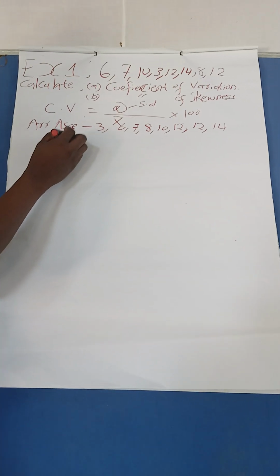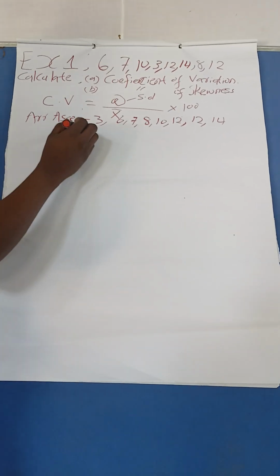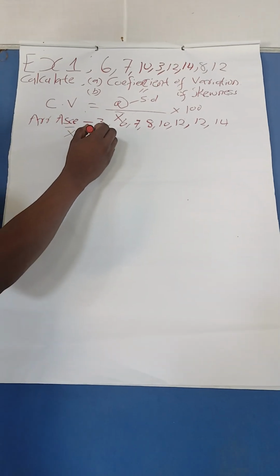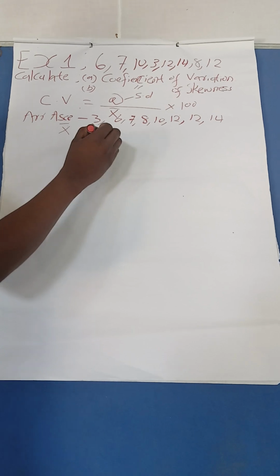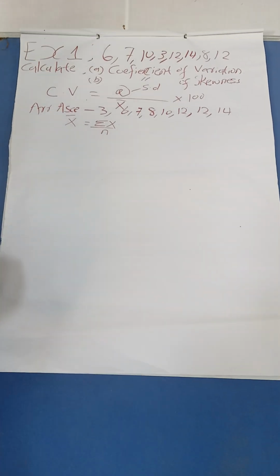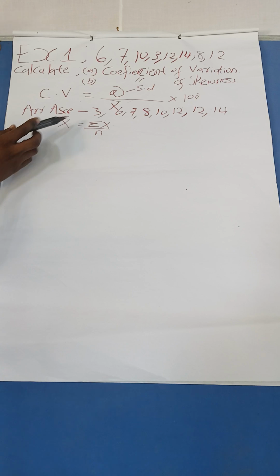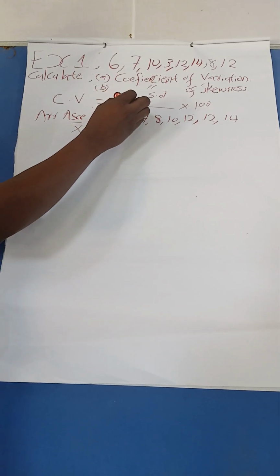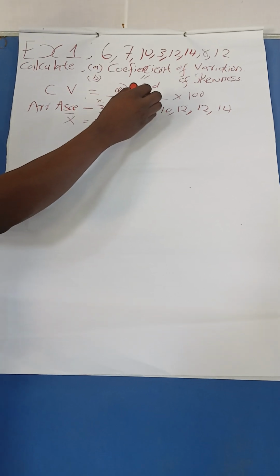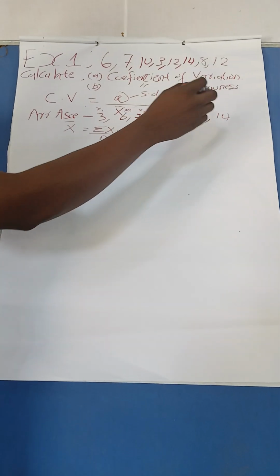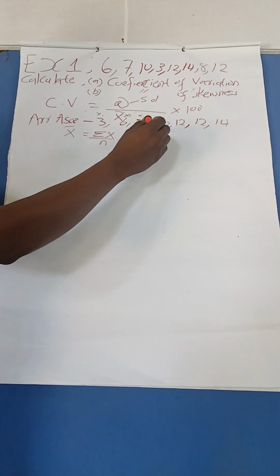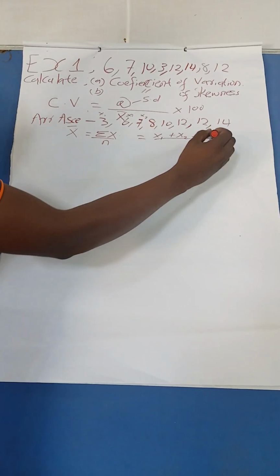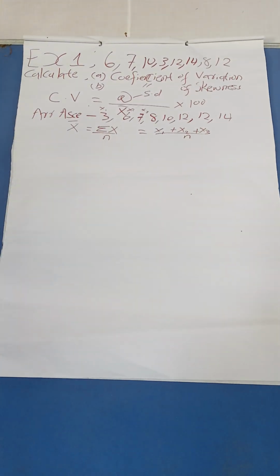Mean for the ungrouped data equals the total summation of x over n. x is the value of the items you have been given: 3 is our x1, this one is x2, this is x3, x4, x5 as you proceed. So mean is x1 plus x2 plus x3 and so on, divided by n.